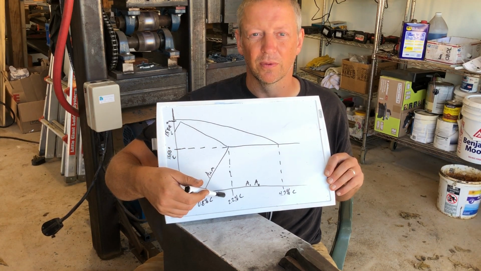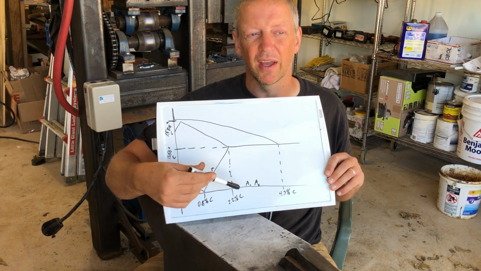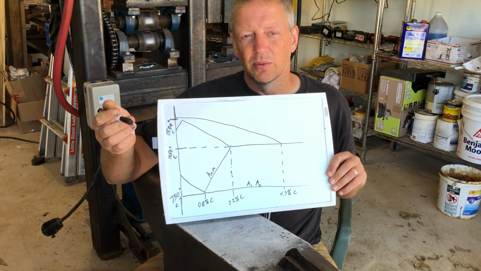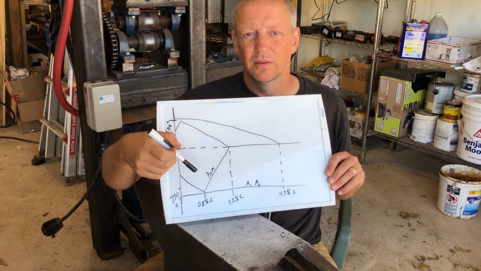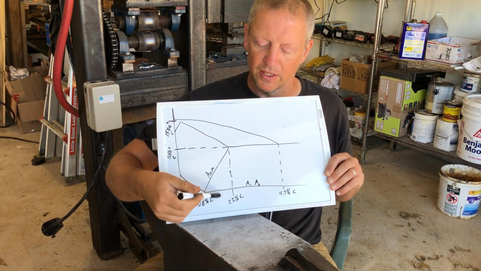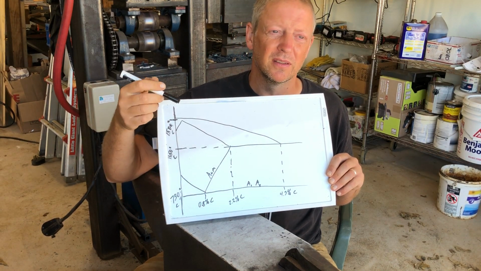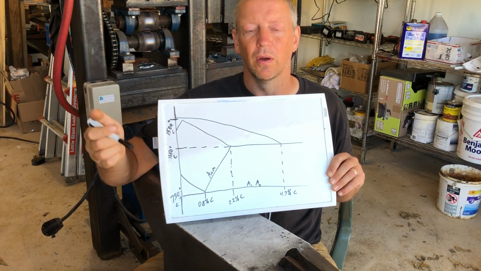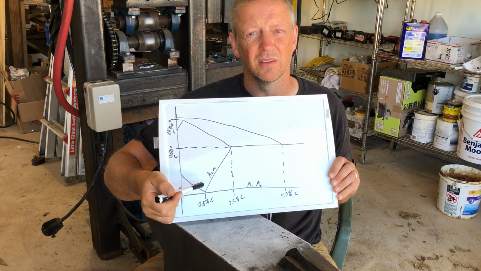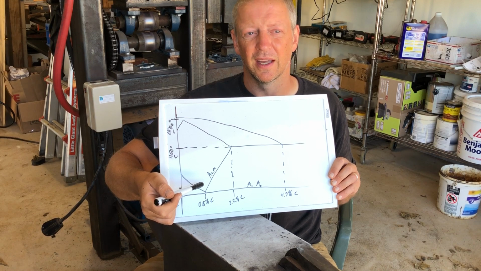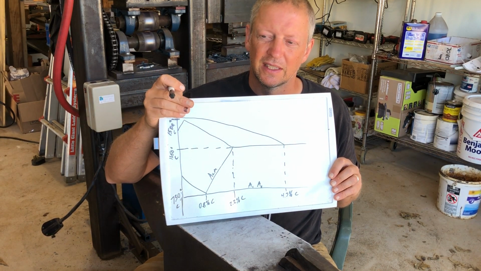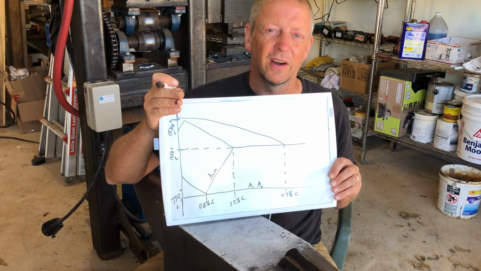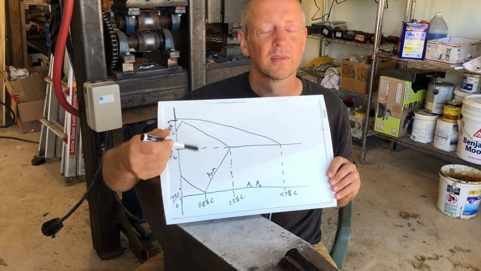Once you get outside those two, you're really outside the historical carbon contents, and therefore, to my mind, you're outside the Wootz zone. Not to say you can't make steels outside that range, but I think it's fair to argue it's no longer Wootz.